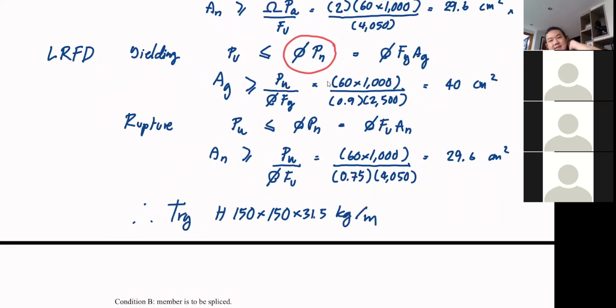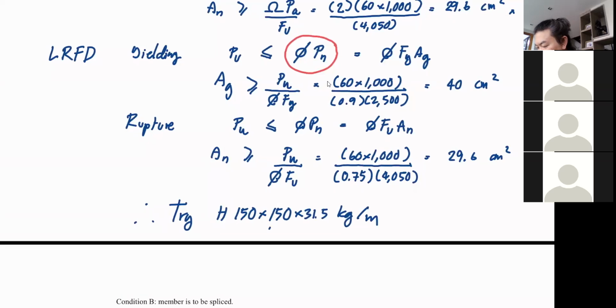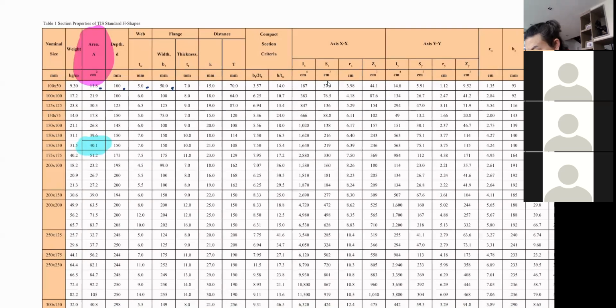Keep in mind that in construction around this country, it may be more fashionable to give the thickness of the web and flange as well. So from time to time they would write H150 by 150, followed by, because the depth comes first, tw, which is 7, and then t flange, which is 10.